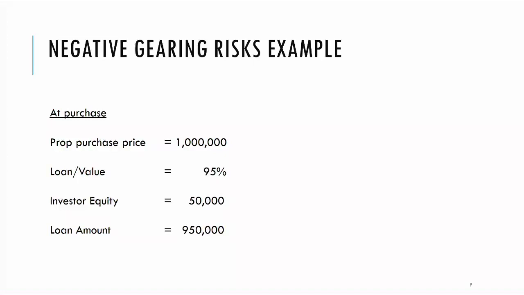Right. And then after a few years, say after 5-6 years, the property market doesn't perform very well and the market is falling. It's a bear market, I would say. Right? So now the property value has dropped from 1 million to 900,000. The loan to value ratio is still the same.